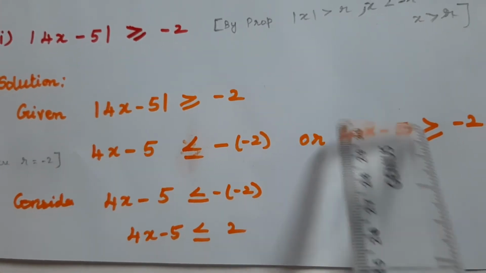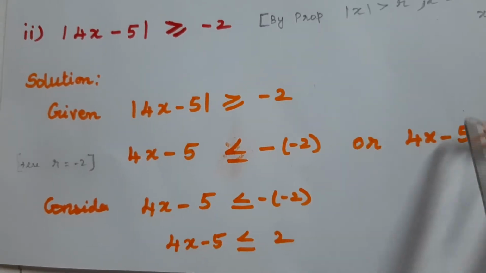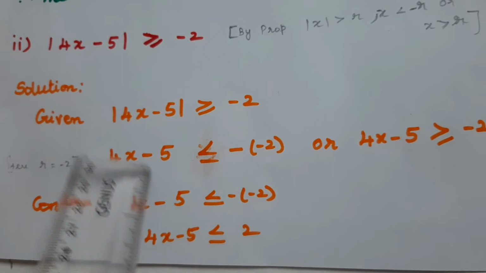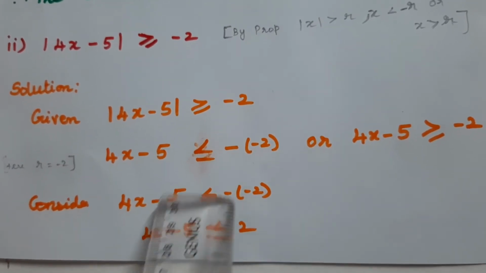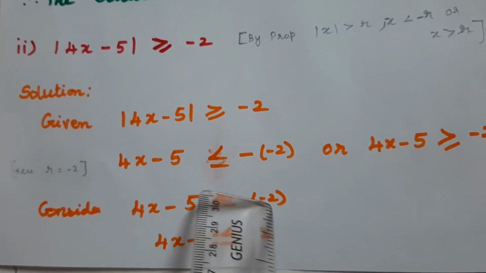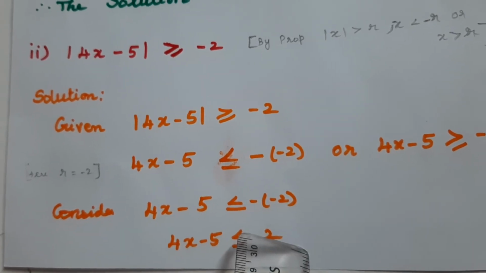Or 4x minus 5 is greater than r. R value is what? Minus 2, we wrote it. So let me consider this separately and solve. So 4x less than or equal to minus of minus 2. This becomes plus 2. And we are going to bring the minus 5 to the other side, so that becomes plus 5.